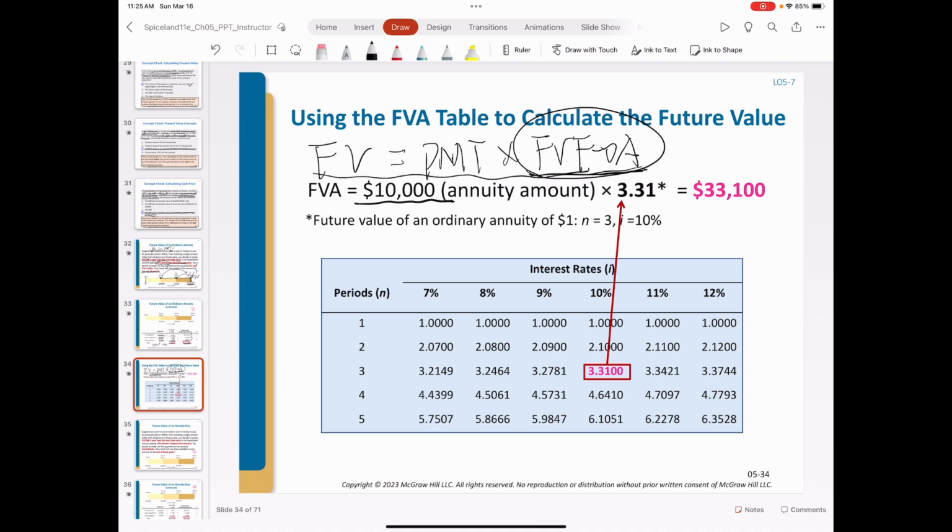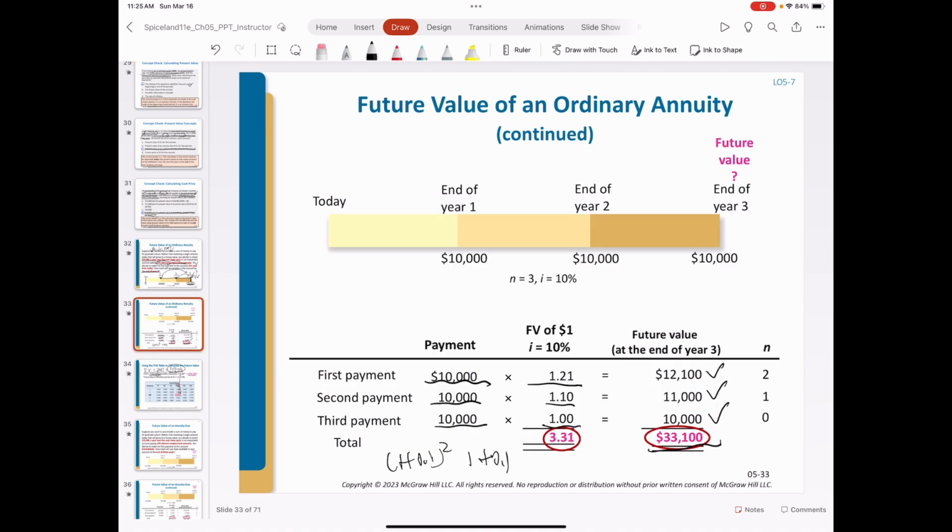We just need the amount of periodic payment and the future value factor for an ordinary annuity, which is also determined by the number of periods and interest per period. Number of periods was 3, interest per period is 10%. So the future value factor of an ordinary annuity was 3.31. We multiply by the payment, and that's the future value of this annuity. That is consistent with the calculations using the single sum, but it's much more time saving.